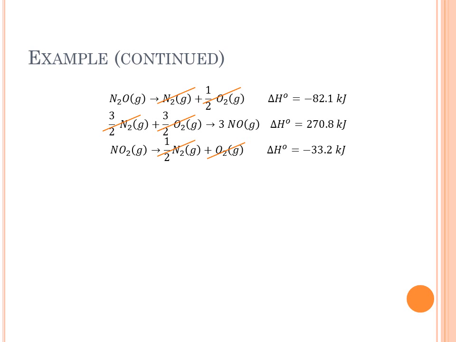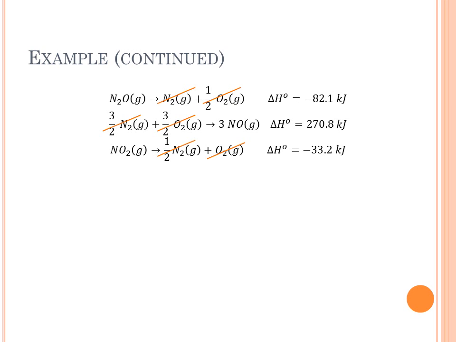Cancel everything out. The N2s and the O2s all cancel. Notice that there's 1 N2 in the first reaction and a half of N2 in the second reaction, and that'll cancel with the 3/2 N2 on the reactant side, and then the same thing for the oxygen. So what we are left with is N2O, the NO, and the NO2.